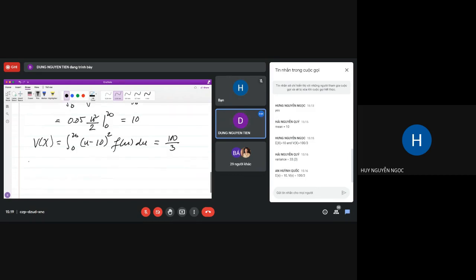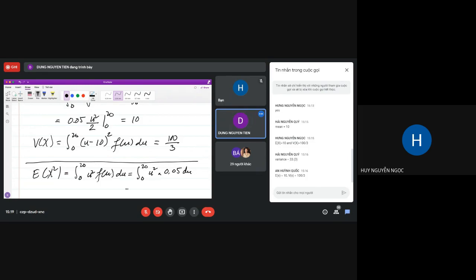All right, there is another way to get the answer. You can find the mean of x squared, which is the integral from 0 to 20 of u squared f(u) du. And then you get the integral from 0 to 20 of u squared times 0.05 du.